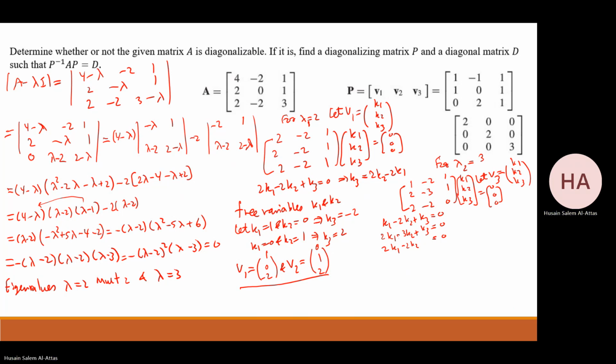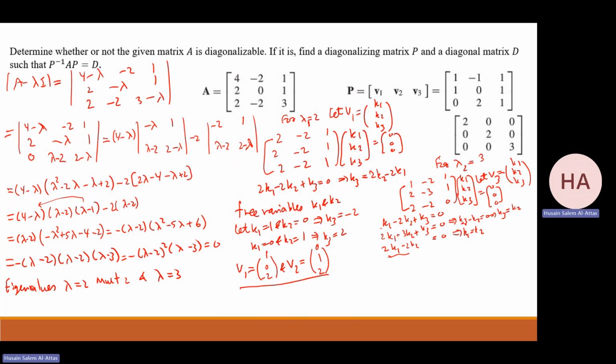I need to solve these three equations. From here, I'm getting k1 equal k2. So plug it there, and make everything in terms of k2. So I have 2k2 minus 3k2. That means k3 minus k2 equals 0, so k3 is equal to k2.